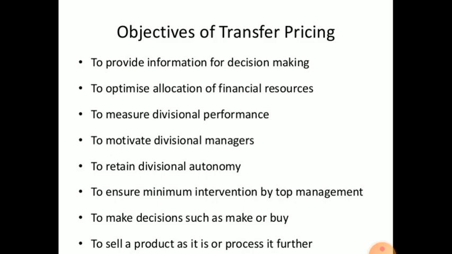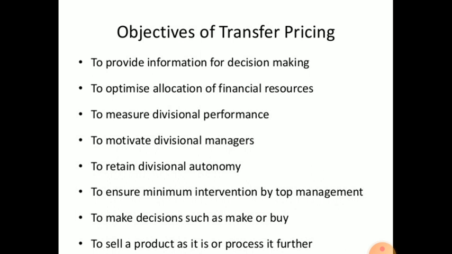Okay, the next part is objectives of transfer pricing. What are they? The first one is to provide information for decision making. It provides information to make correct decisions in the organization. The second one is to optimize allocation of financial resources. It means transfer pricing is to assure optimal allocation of resources to various divisions so as to achieve the objectives of the organization as a whole.